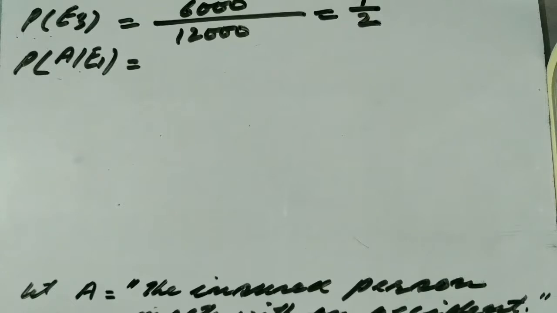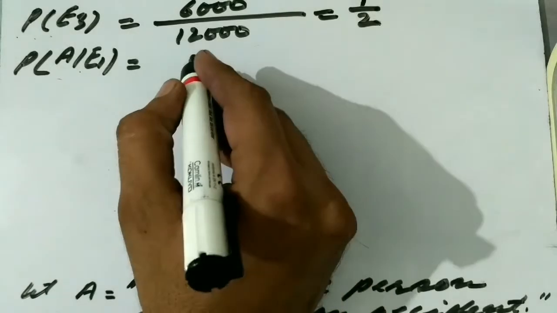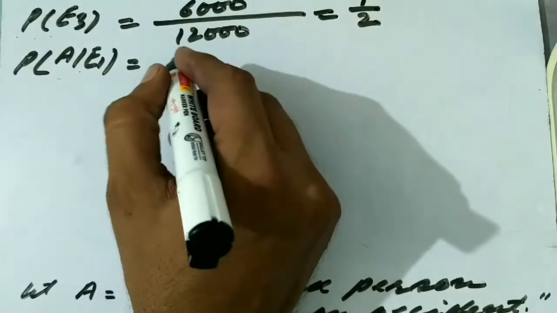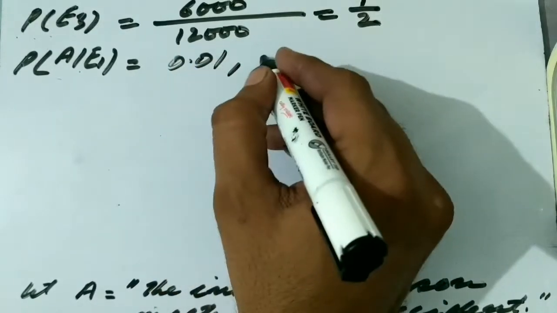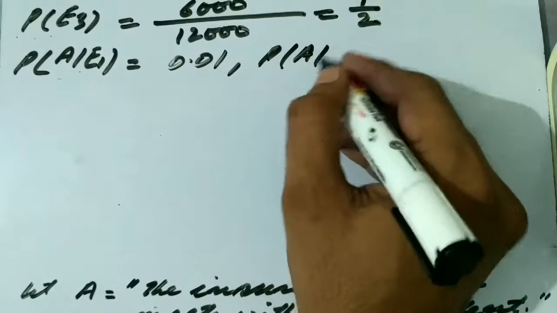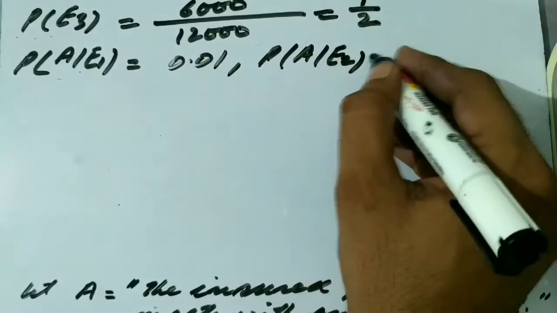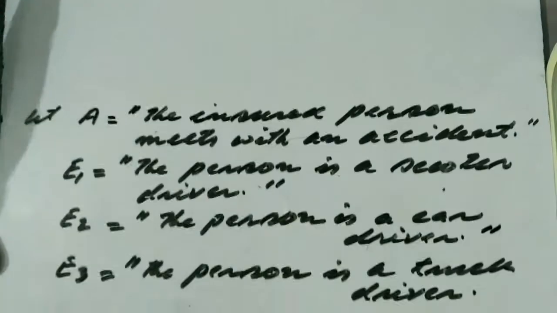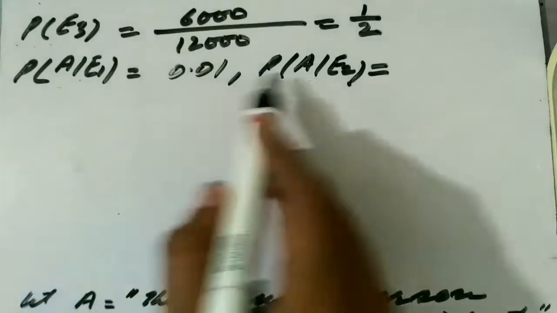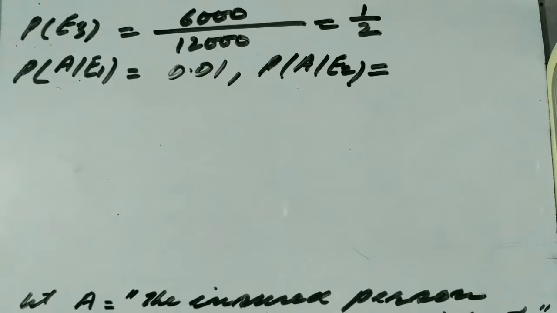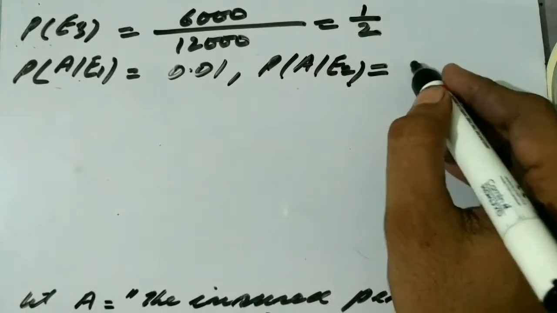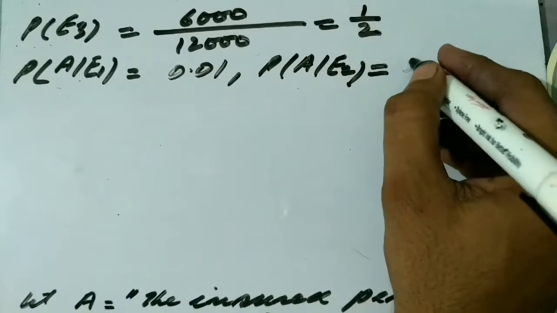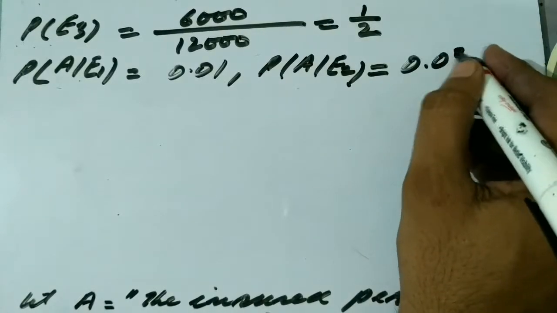Its answer is given in the problem itself, and that is 0.01. And similarly, P(A | E2), when E2 has happened, that means the person is a car driver, then the conditional probability of A that he will meet with an accident is given in the problem as 0.03.